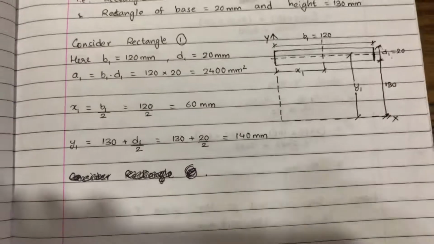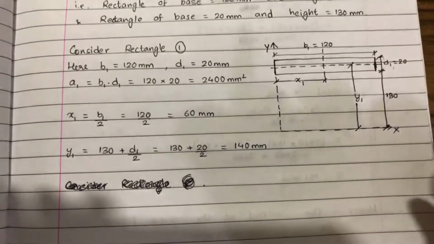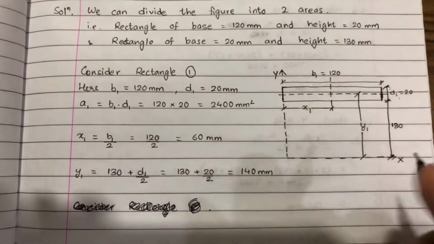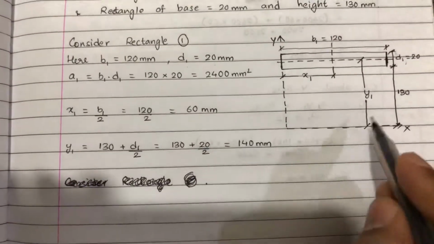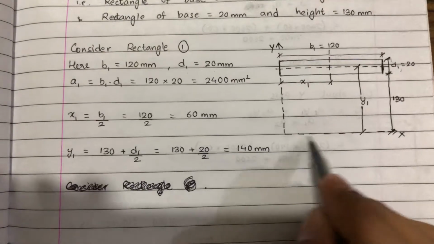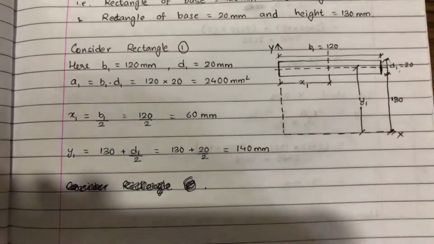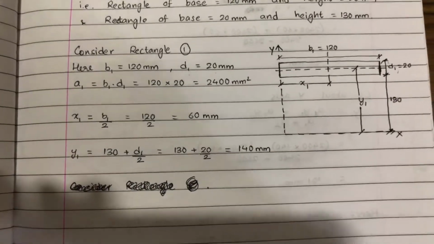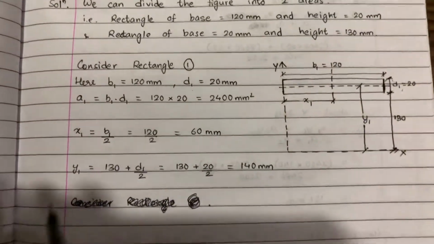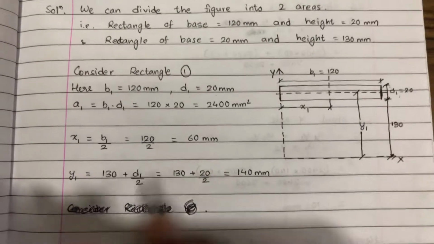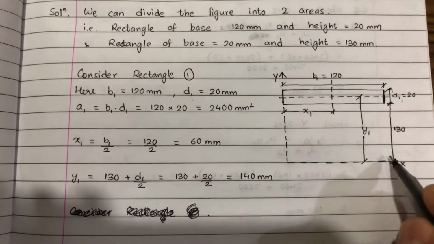y1, as we all know, we have to take with respect to the reference axes x and y. I have told you before that x will be with respect to the y-axis and y will be with respect to the x-axis. So y1 will be with respect to the x-axis.